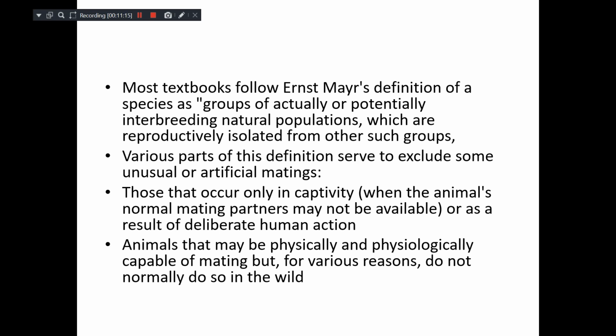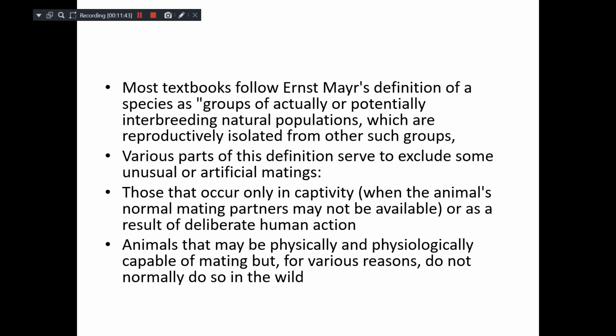Even there are certain problems. Animals may be physically and physiologically capable of mating. They may be able to mate, but for various reasons, they do not normally do so in the wild. Maybe because of some height class differences. Take the example of dogs.